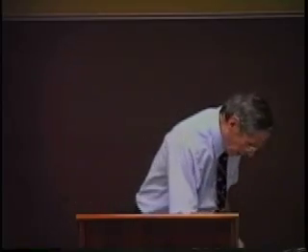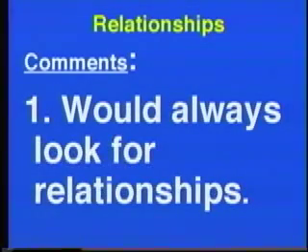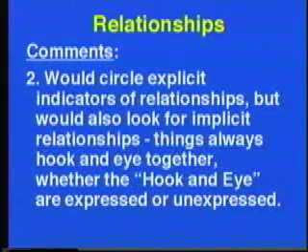Well, again I say, I'm indicating explicitly recurrence. Again I say, I would always look for relationships, would circle explicit relationships when you have indicators, but would also look for implicit relationships because things always do hook and eye together, otherwise they wouldn't make any sense. Otherwise you'd have just a string of ideas.